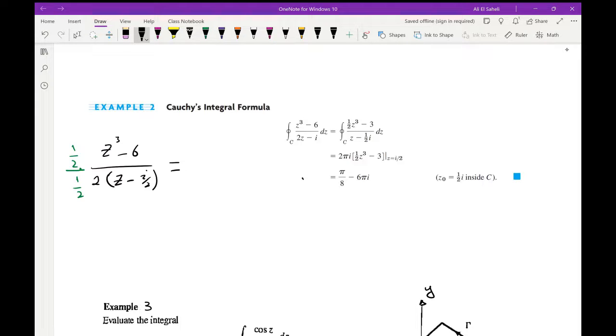So z cubed over 2, 6 over 2 is 3. That's the numerator. And the denominator, the 2 cancels the 2, and you have z minus i over 2. So in this case, z0 equals i over 2.